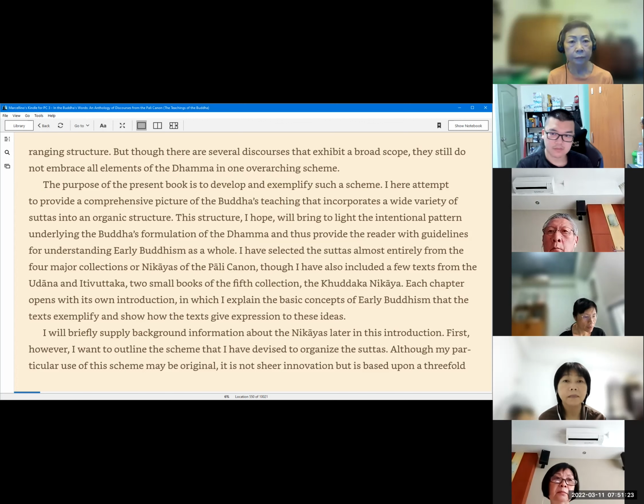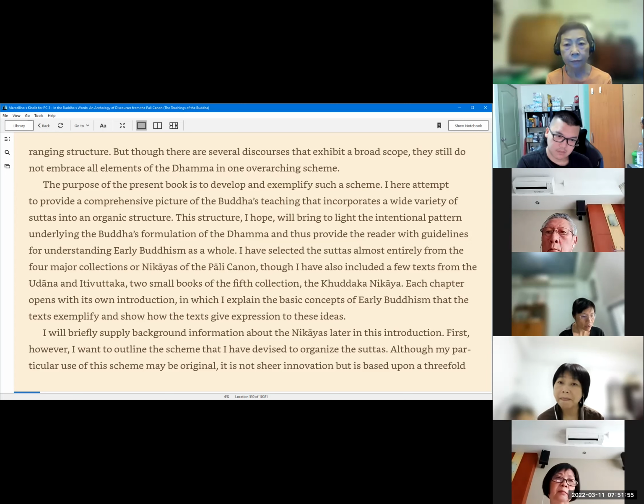The purpose of the present book is to develop and exemplify such a scheme. I here attempt to provide a comprehensive picture of the Buddha's teaching that incorporates a wide variety of suttas into an organic structure. This structure, I hope, will bring to light the intentional pattern underlying the Buddha's formulation of the Dhamma, and thus provide the reader with guidelines for understanding early Buddhism as a whole.